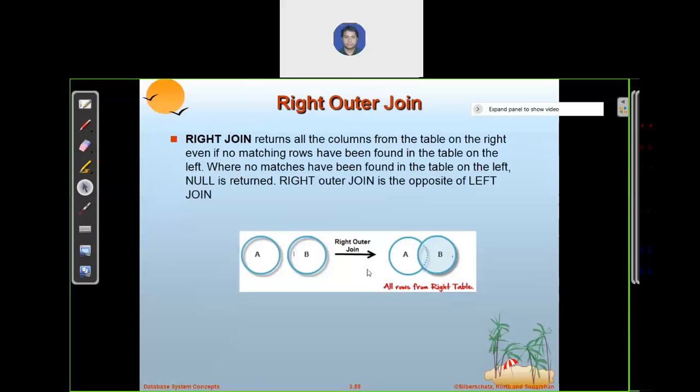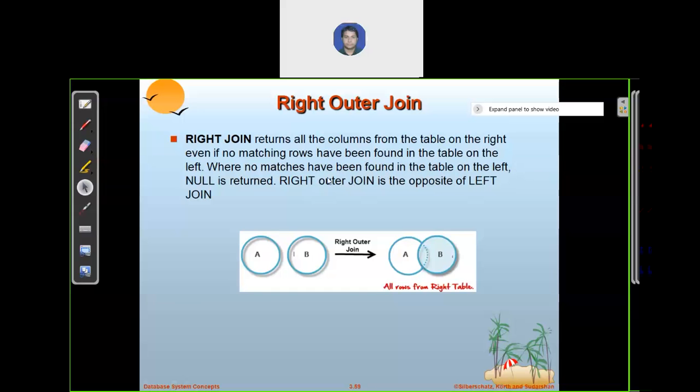Now see the next outer join, right outer join. In the right outer join, return all the rows from the table on the right, even if no matching rows have been found in the table on the left. When no matching row is found in the table on the left, null is returned. Right outer join is the opposite of left outer join.